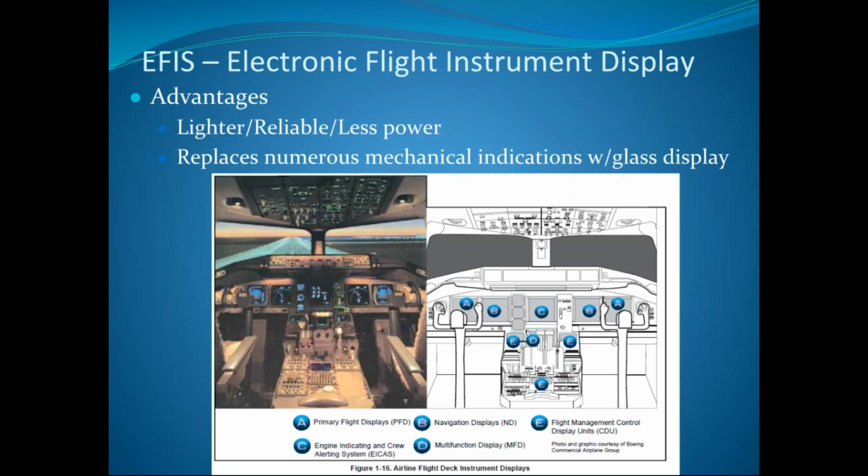The other thing that the EFIS does is it'll display things like our engine settings, internal turbine temperature, or ITT, the N1 speed, N2 speed of the fan blades. And then it'll also display things like your ICAS.